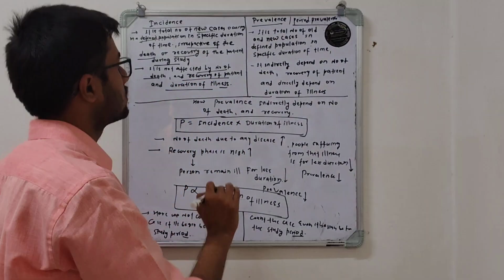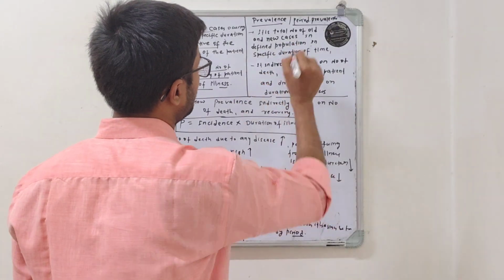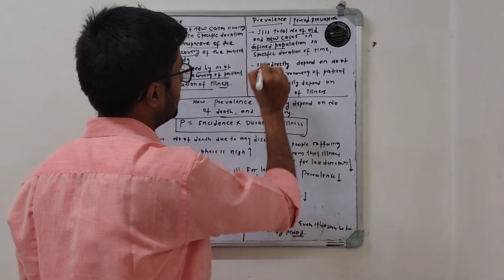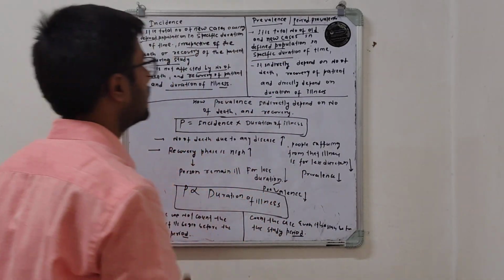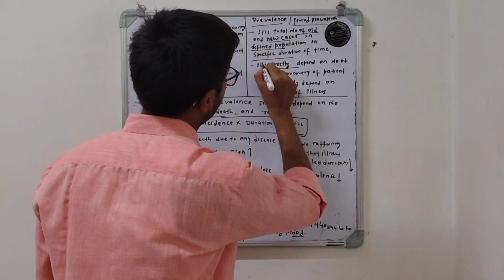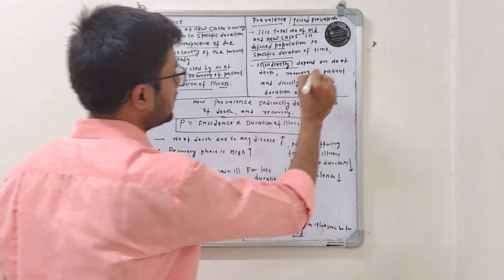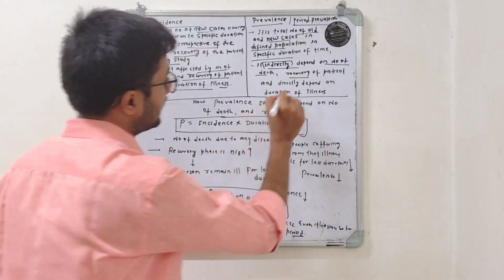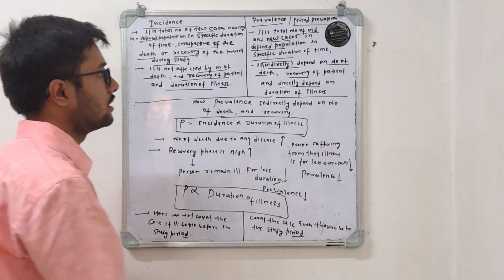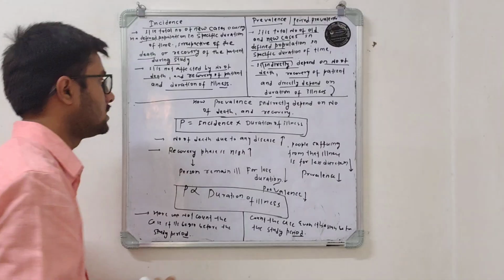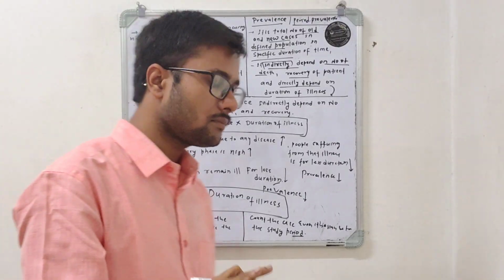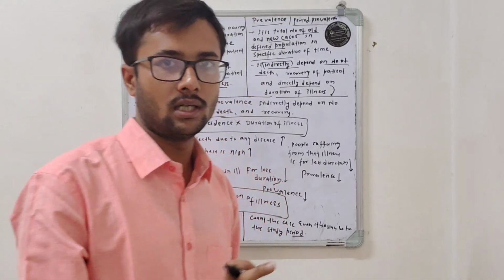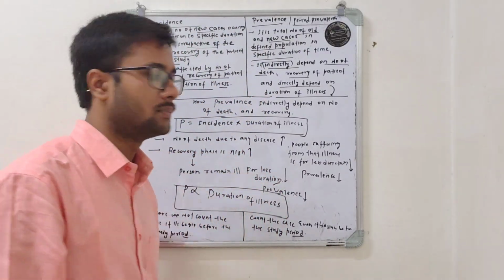In the case of prevalence, it is the total number of old and new cases in a defined population in a specific duration of time, and it directly or indirectly depends on the number of deaths and the recovery of patients, and directly depends on the duration of illness. So now we are going to discuss how prevalence is directly or indirectly dependent on the number of deaths and the recovery of patients.